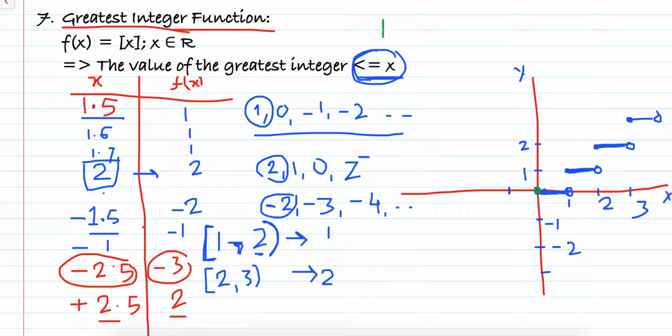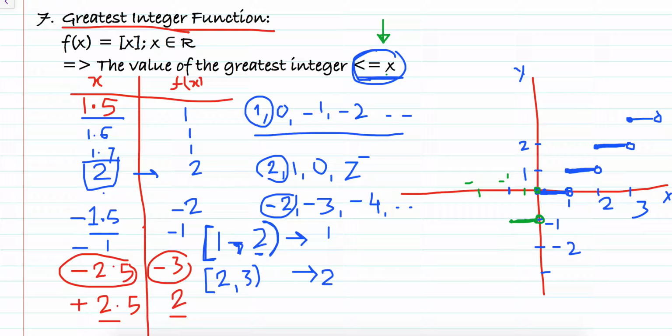So if it's minus 0.1 here or minus 0.5, then this should be minus 1. Similarly from minus 0.1 till minus 1, it will be minus 1, but at 0 it's not that value. So we'll draw a hollow circle here and a solid circle here.